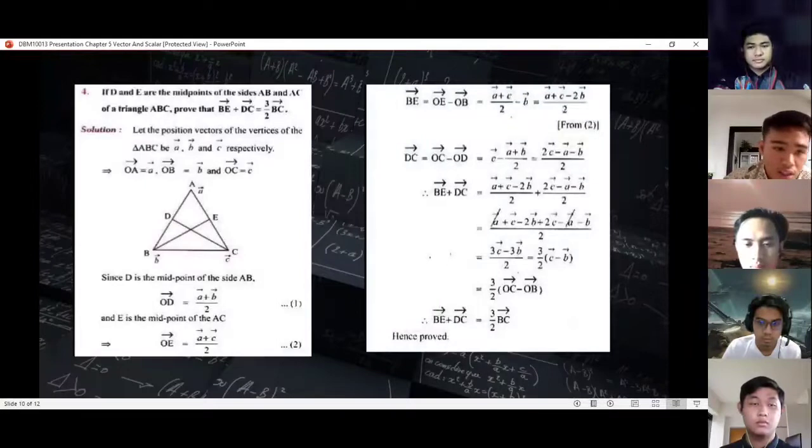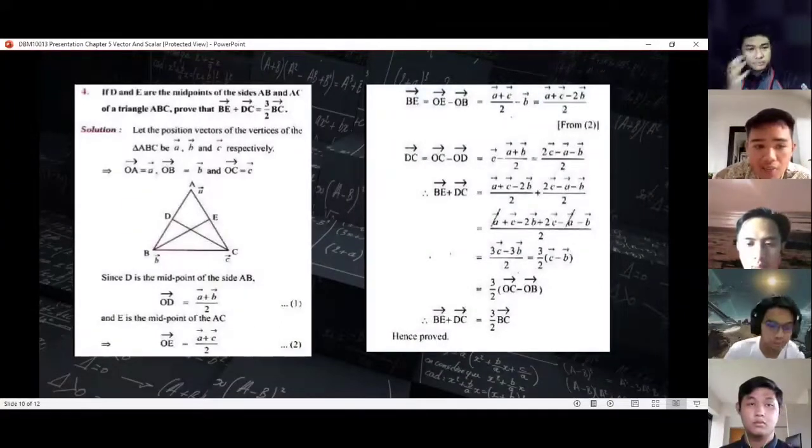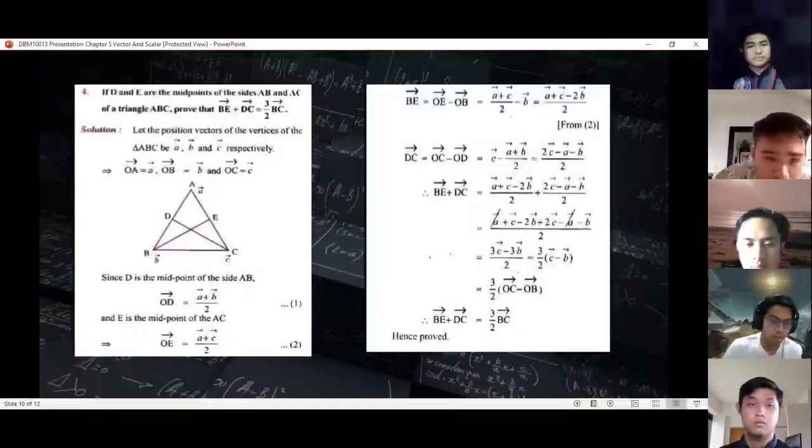Right, the solution is: let the position vectors of the vertices of the triangle ABC be A, B, and C respectively.